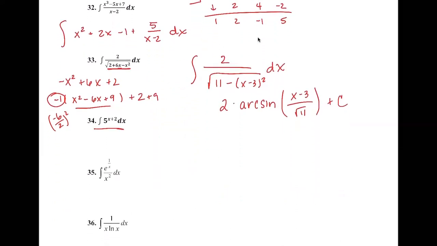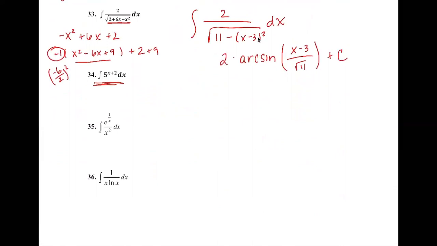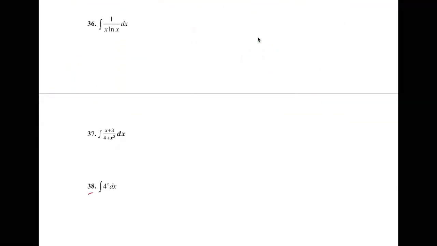Make sure if you see anything like this, where it's a number raised to a power, that you're looking at the front cover of your book. Why? Because those are all in there. Those are the ones that are integrating a to the u. Similar to 38, it's a to the u power.